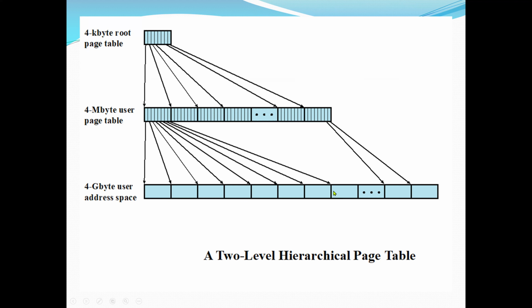Now, if each of these pages is mapped by a 4-byte page table entry, we can create a user page table composed of 2 to the power 20 page table entries, which requires 4 megabytes, that is 2 to the power 22 bytes.